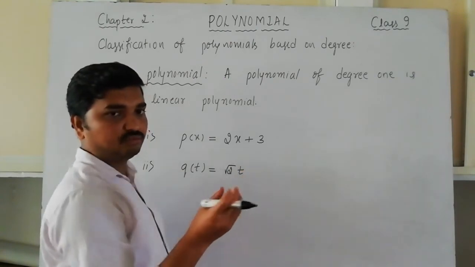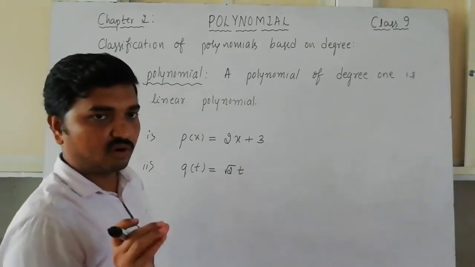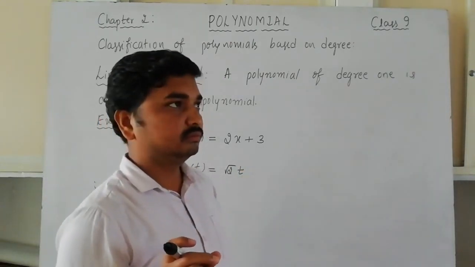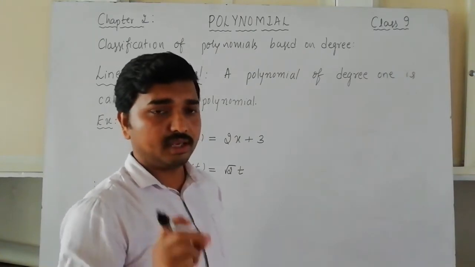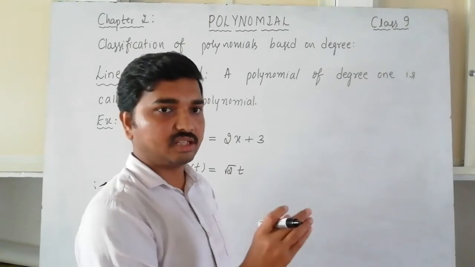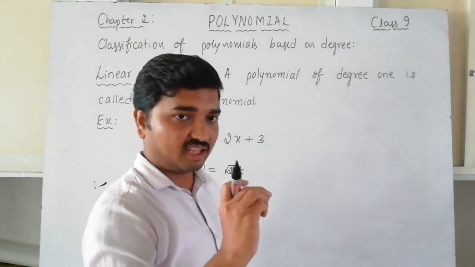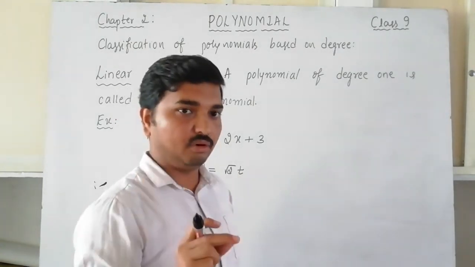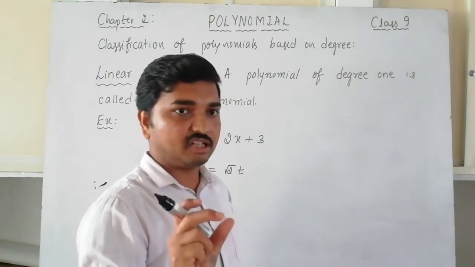T power 0 means what? The last term is actually called what? Constant term. Remember this one. The last term in which the exponent of the variable is 0 is called the constant term.